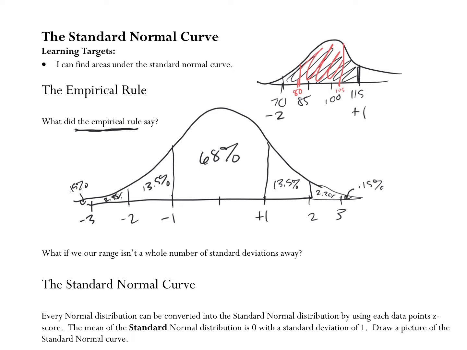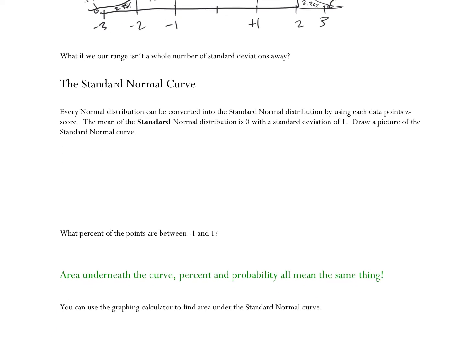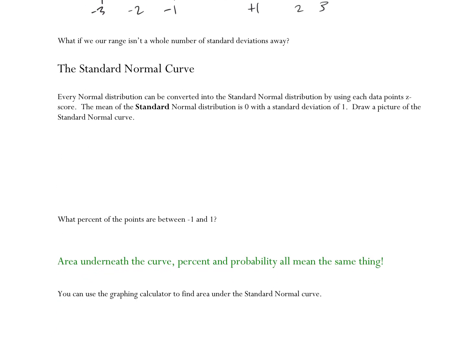Because that 68, 95 was only for whole numbers of standard deviations away. Well, what we use is a special distribution called the standard normal curve. The picture of the standard normal curve is a normal distribution with a mean of 0 and a standard deviation of 1.